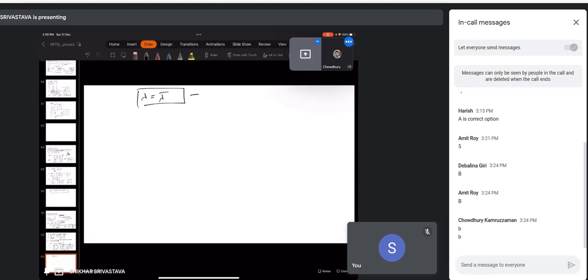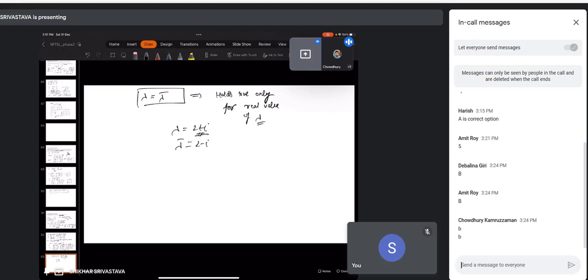And this holds true only for real values of lambda. Because if lambda is complex, for example lambda is 2 plus iota, then lambda bar will be 2 minus iota, which are not equal to each other.